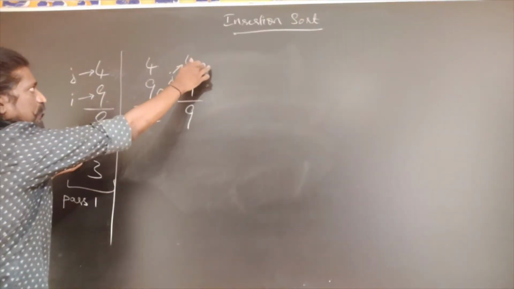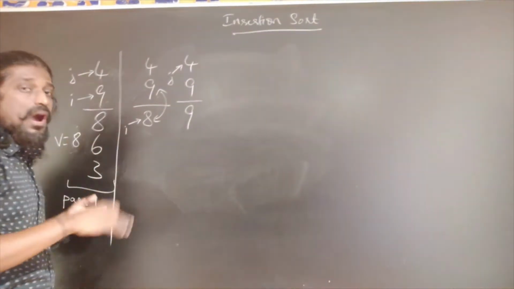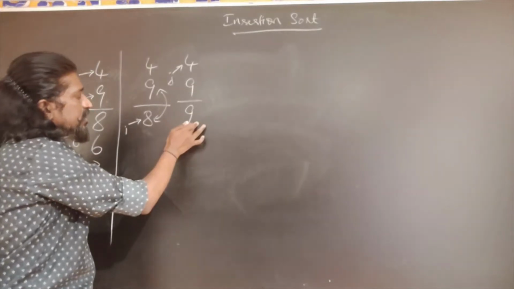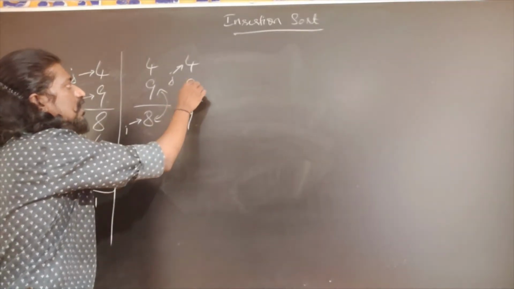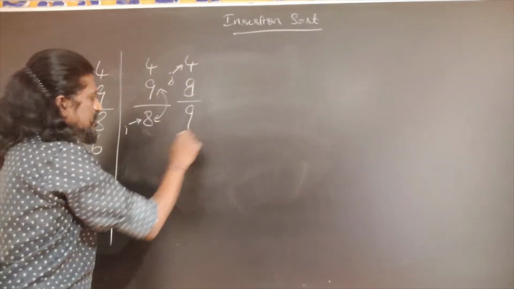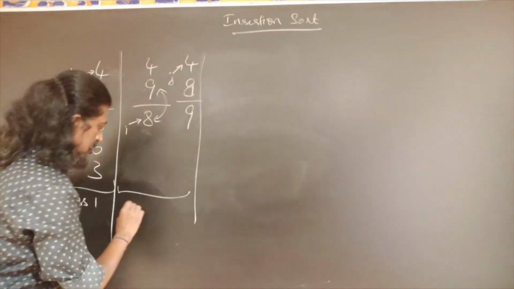When we compare 8 and 4, we find that 8 is already greater than 4, therefore 8 has to come after 4. Since 9 is already moved down, this location is empty and therefore 8 will be moved here and these three elements are sorted. So this is pass 2 of insertion sort.